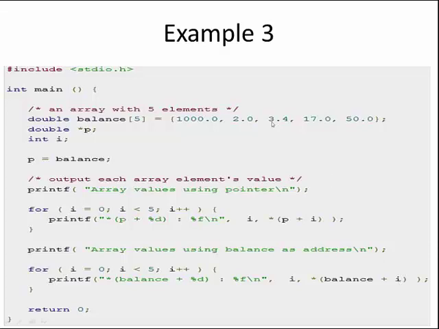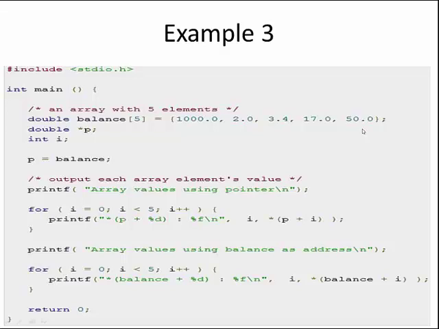When i is equal to 2, it will produce 3.4. When i is equal to 4, it will produce this. Therefore it is a legitimate way of accessing data which has been stored in the array called balance.